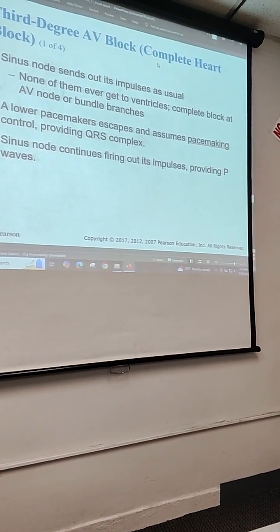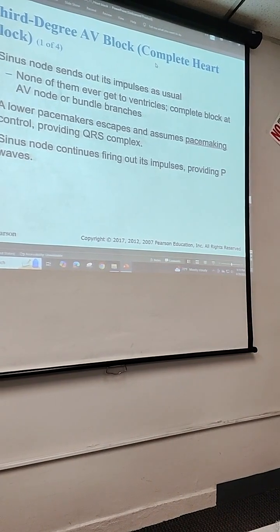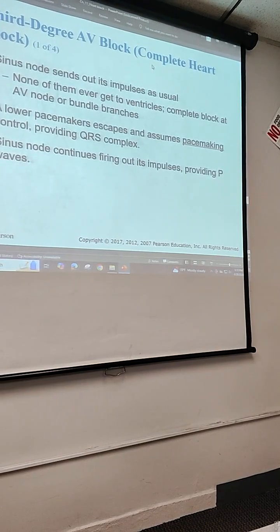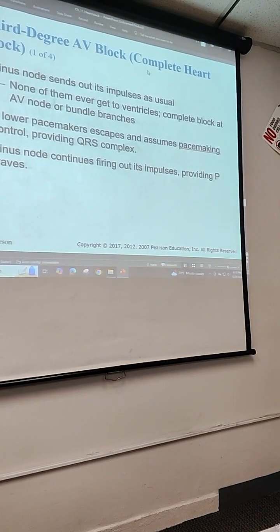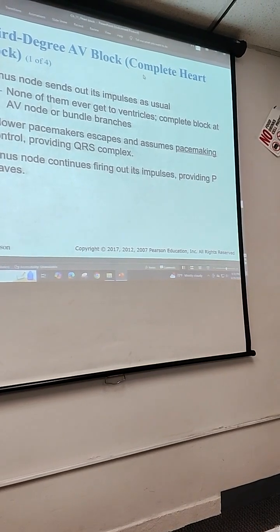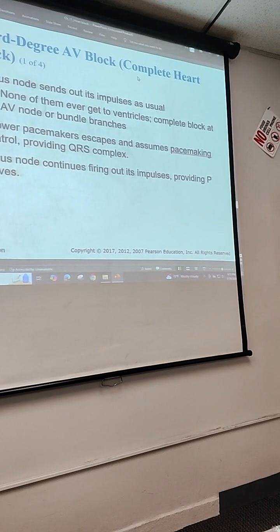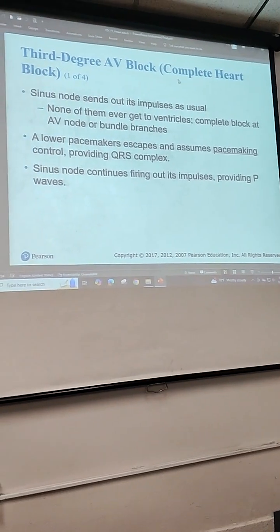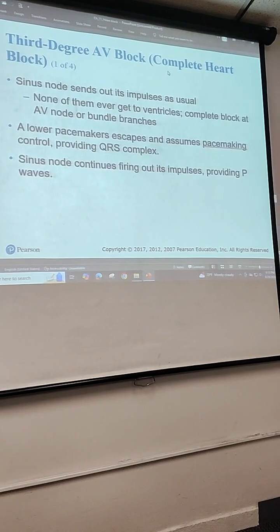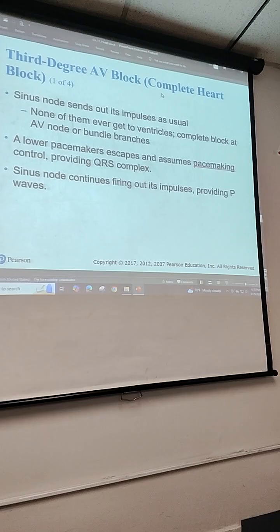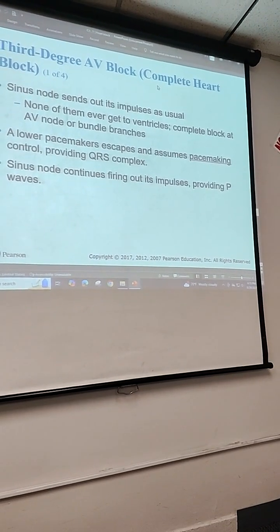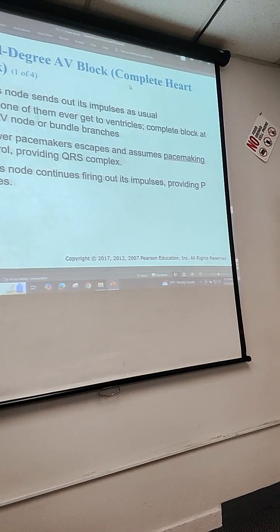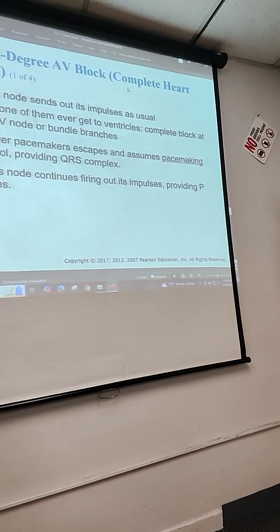Remember that the SA node starts normally. We have no problems with the SA node, so the P wave is going to be present. And sometimes it's going to be present more than once. Here is when we're going to pay attention to that. So the sinus node sends out its impulses as usual. It's working normally. It releases the electrical impulses, the atria contract, and they send the electrical impulses to the AV node as a block. None of them ever get to the ventricles.